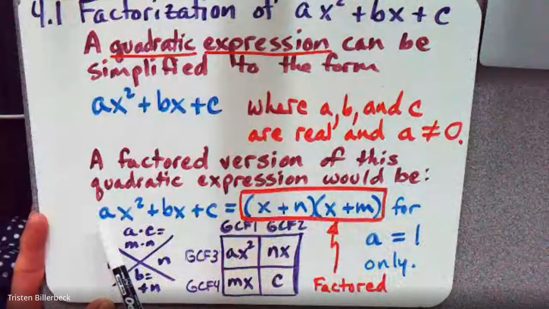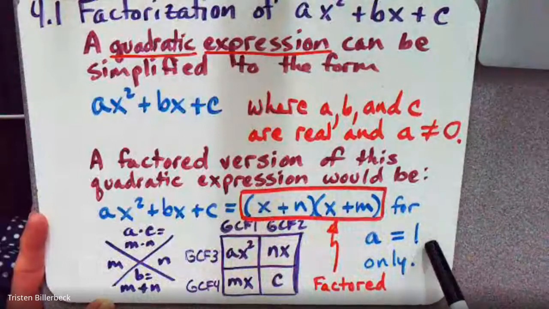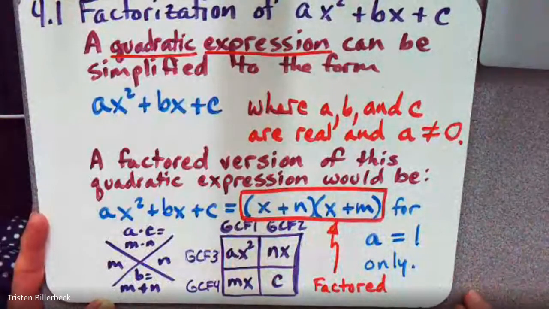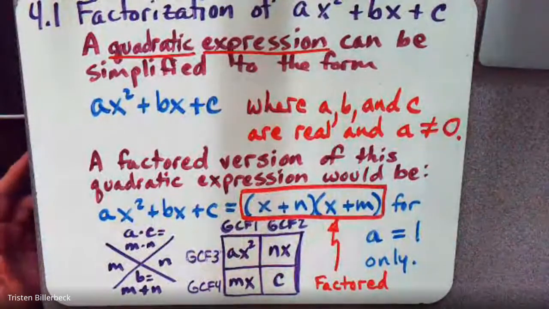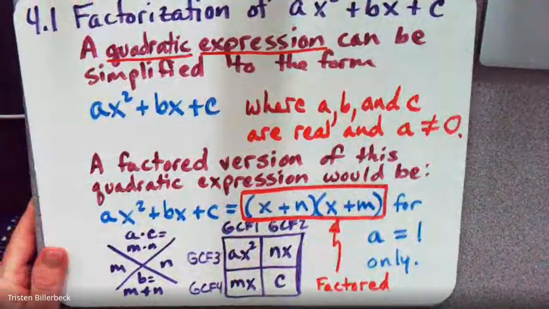We will talk about when a does not equal 1, but first, let's see what happens when a equals 1, because that's the most simple case of factoring.